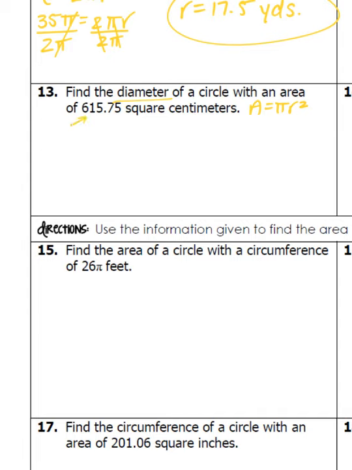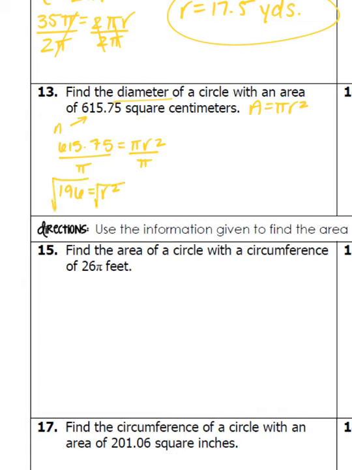And so this is our area. So I have 615.75 equals pi r squared. I'm going to divide by pi. And we get about 196, I'm just rounding, equals r squared. And then how do you undo the square?